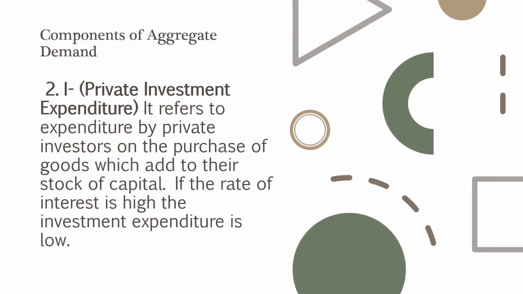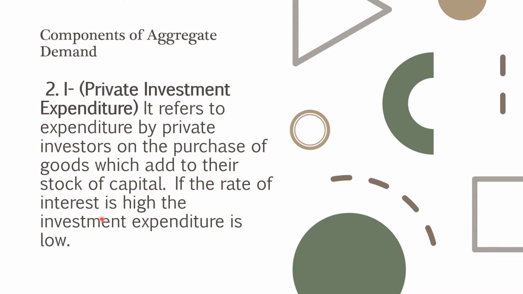The second component of aggregate demand is private investment expenditure. What does it refer to? It refers to expenditure by private investors or business enterprises on the purchase of goods which add to their stock of capital.